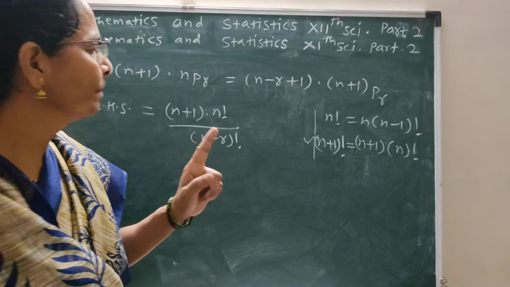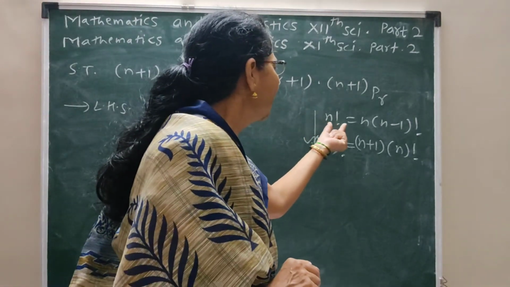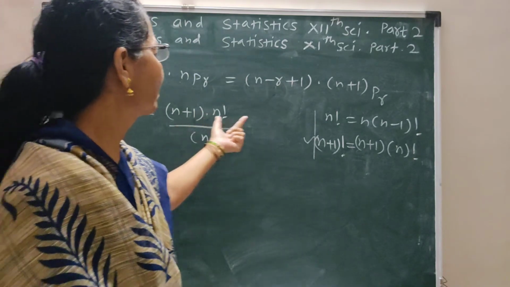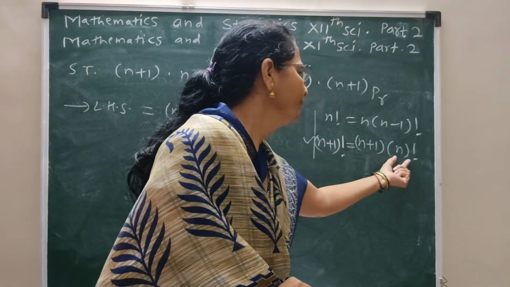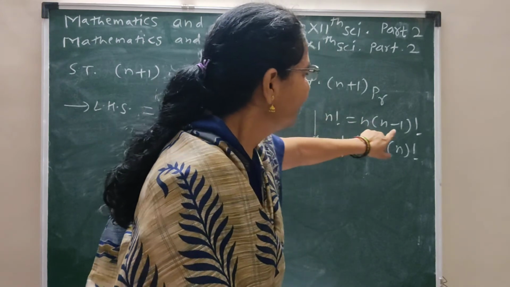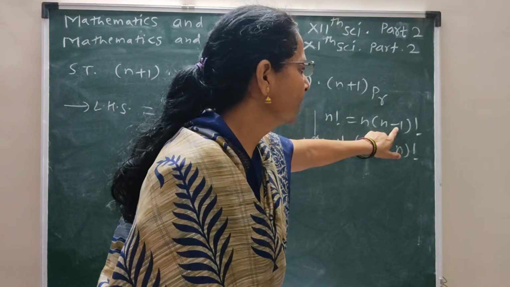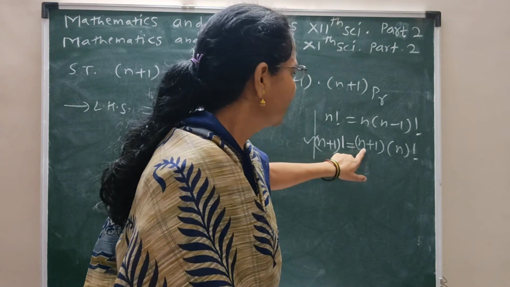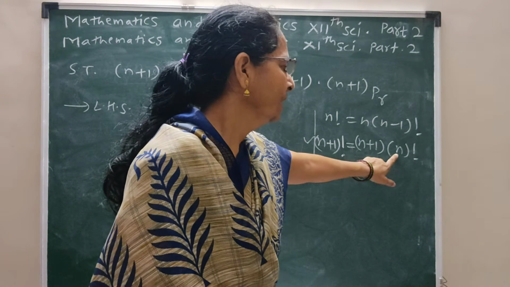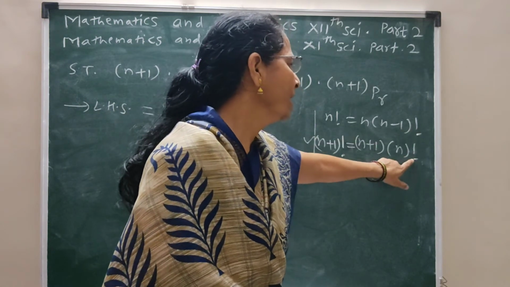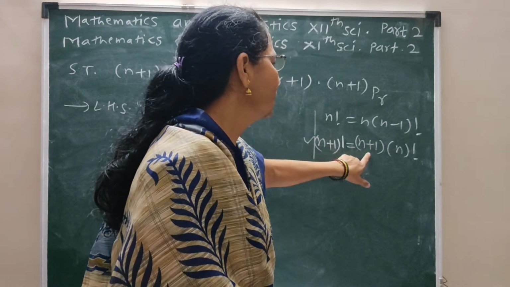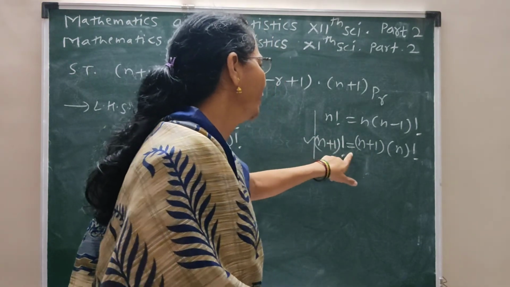See once again, n factorial is n times n minus 1 factorial. Now take these terms, n plus 1, n factorial here. Compare them. This term is n plus 1, and this term is by taking minus 1, that is n factorial is there. In such case, here we write n plus 1 bracket factorial.